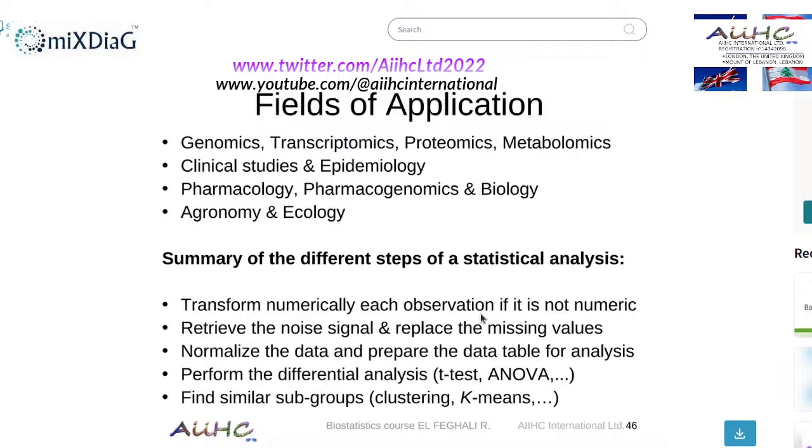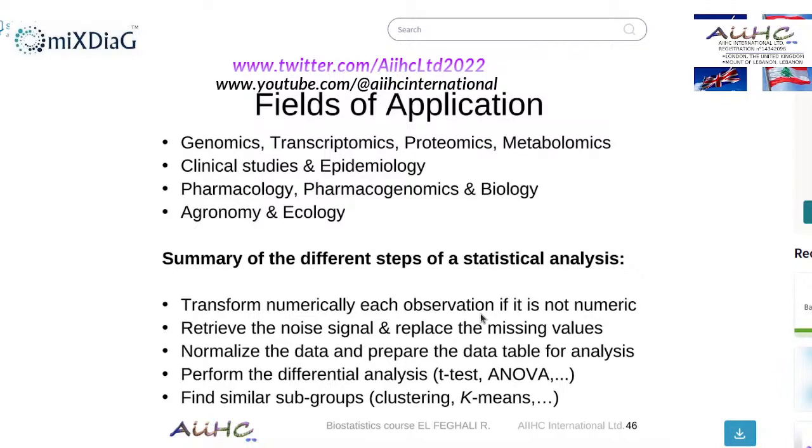Sometimes there are algorithms that can find this value. Sometimes you can delete this observation. Otherwise, you can keep it and put a value 0 or 1. Usually we put NA, and whenever you have NA, the algorithm is able to replace it and to perform the statistical analysis.